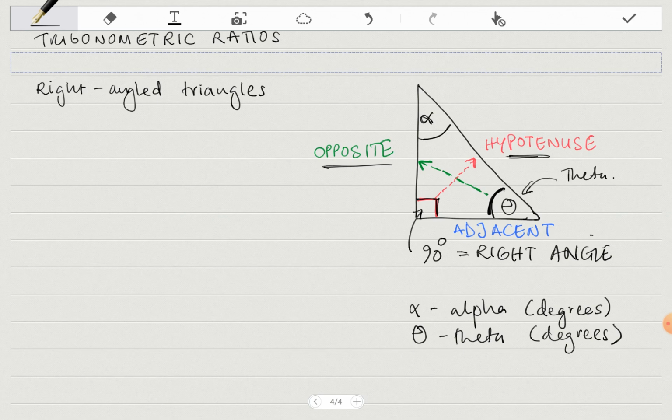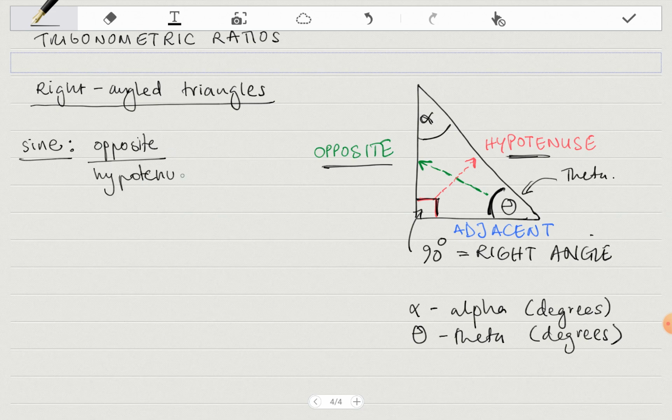So if we look at the three trigonometric ratios, the primary ones, the first one that we have we said was sine. The sine ratio stands for the length of the opposite divided by the length of the hypotenuse. That's what the sine ratio stands for.